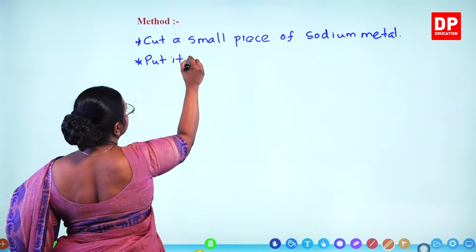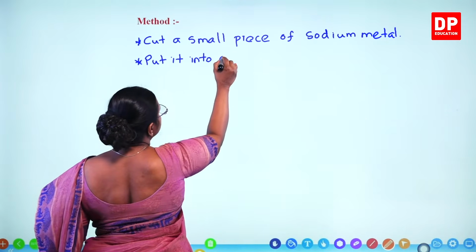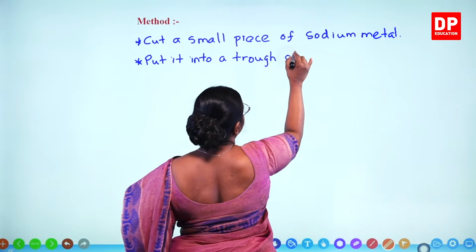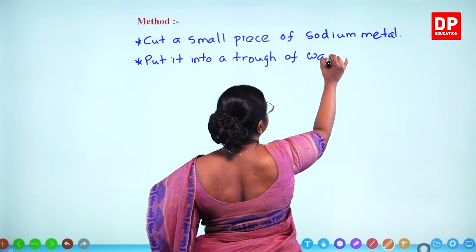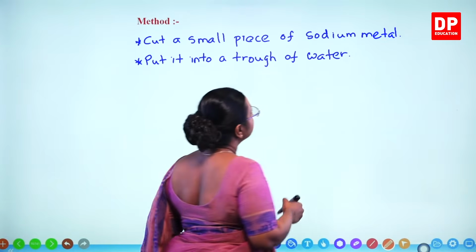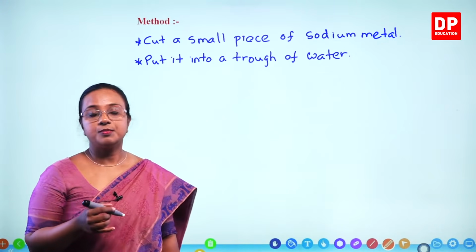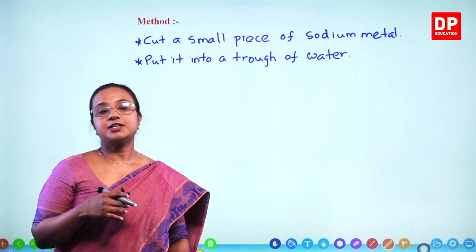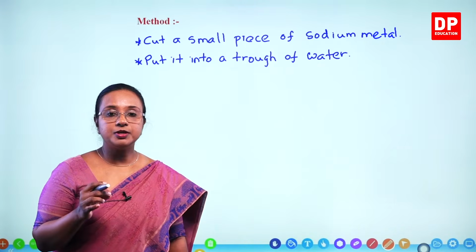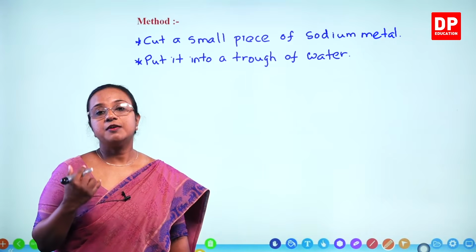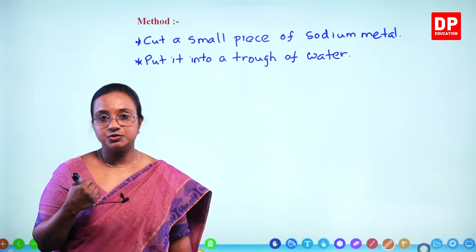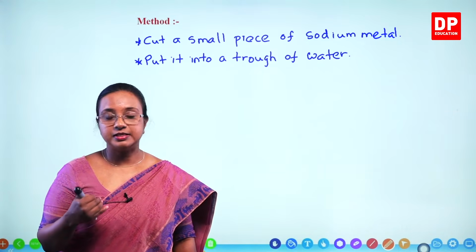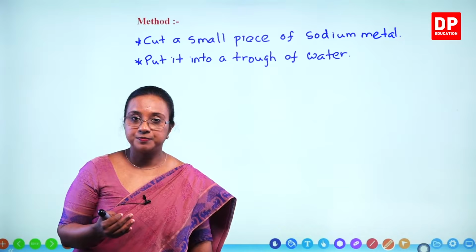Put it into a trough of water and then you can see the observations clearly. After the reaction is over, we can put a few drops of phenolphthalein to the solution and also we can test it using the litmus paper.